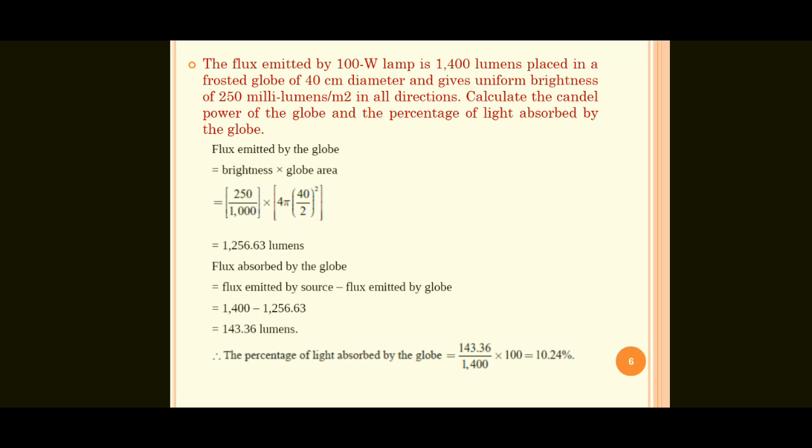The flux emitted by a 100-watt lamp is 1400 lumens, placed in a frosted globe of 40 centimeter diameter, and gives uniform brightness of 250 millilumens per meter square in all directions.